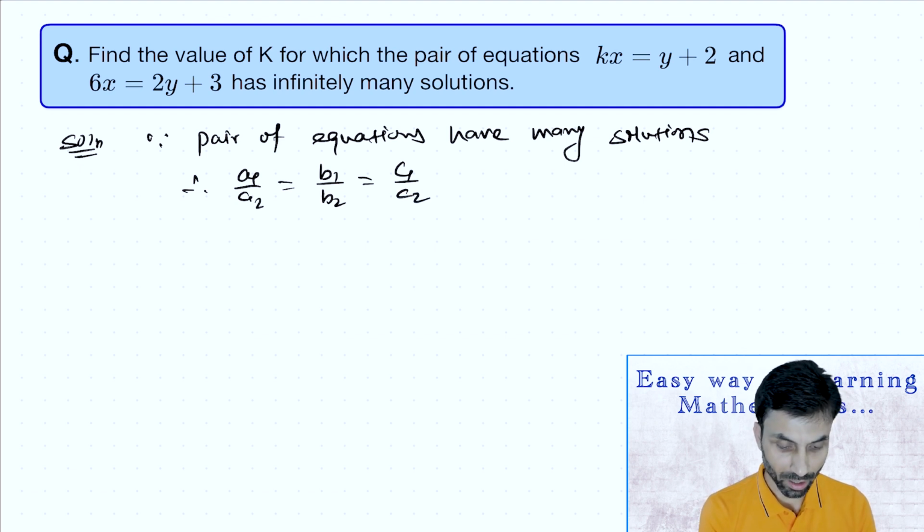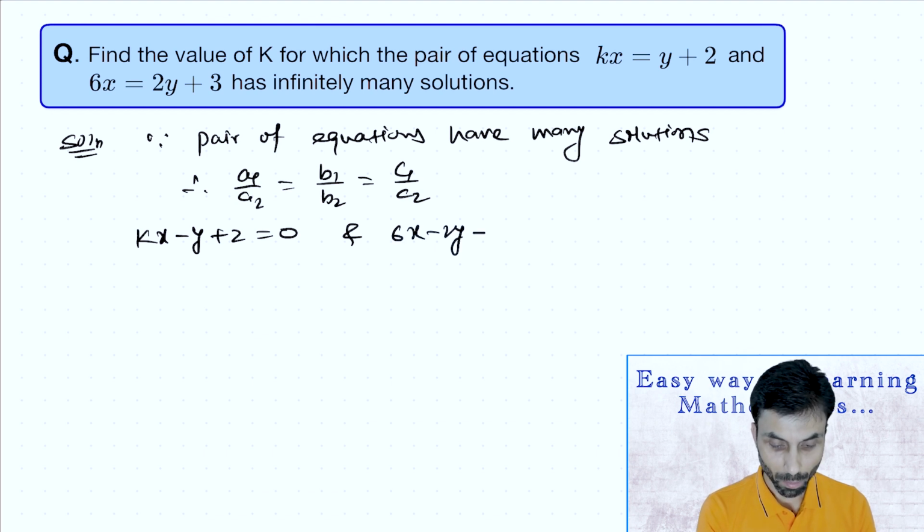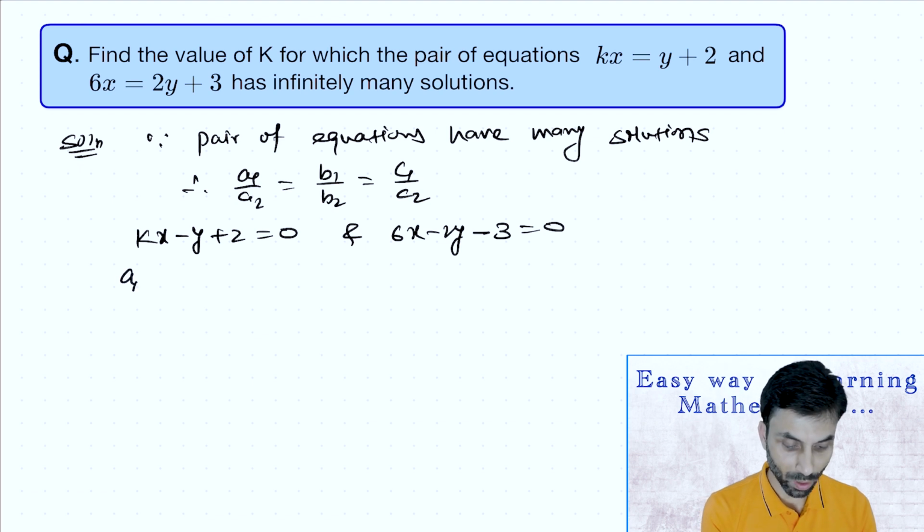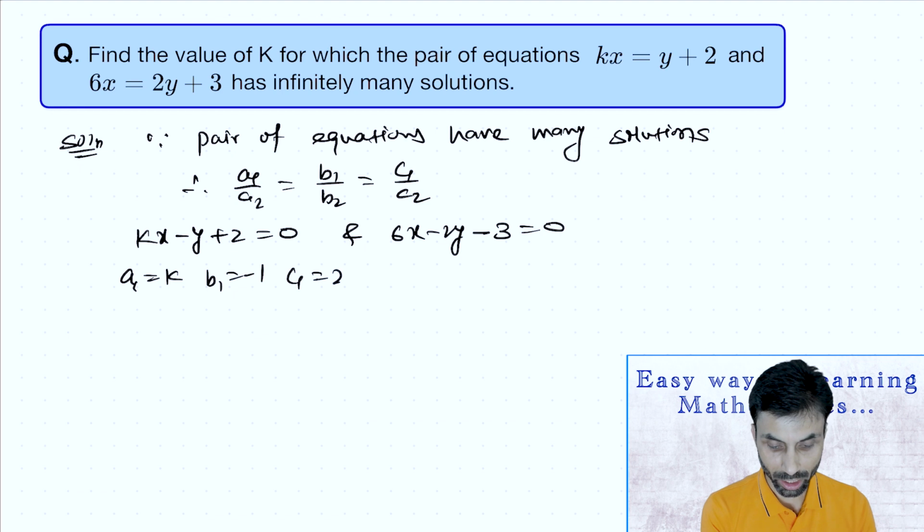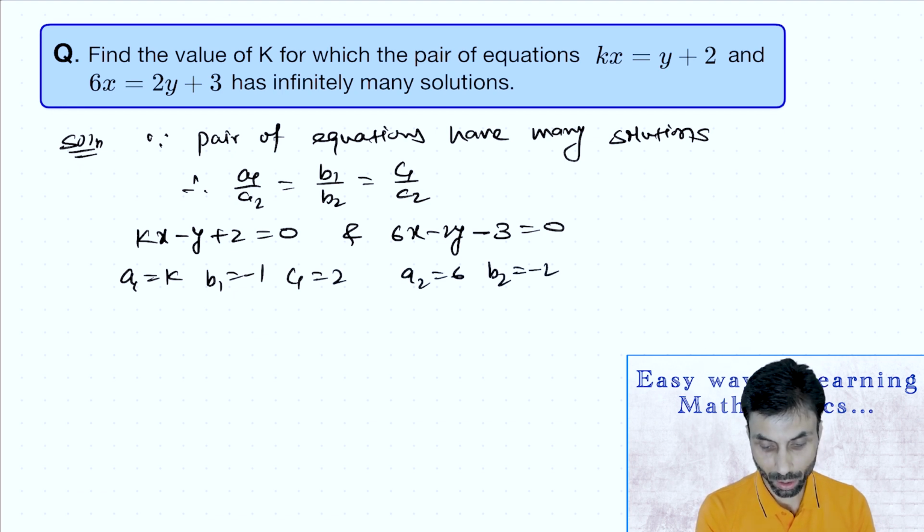So on writing the equations in the standard form, we'll get Kx minus y plus 2 equals 0 and 6x minus 2y minus 3 equals 0, where A1 is K, B1 is minus 1, C1 is 2, A2 is 6, B2 is minus 2, C2 is minus 3.